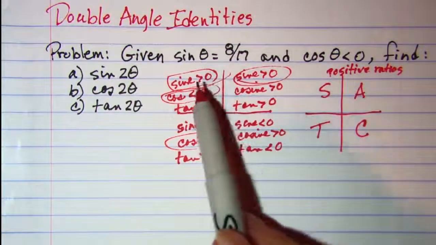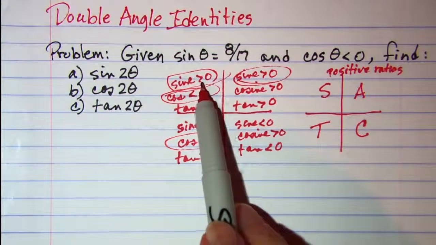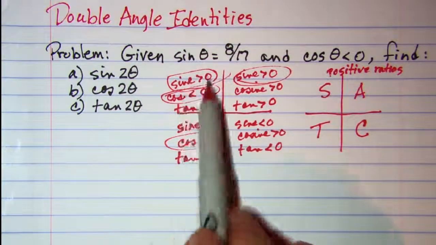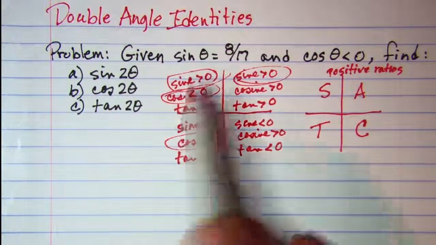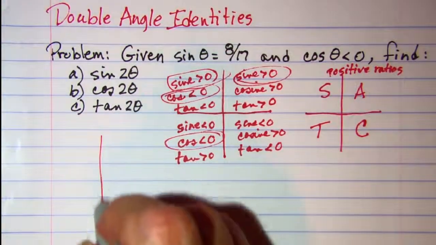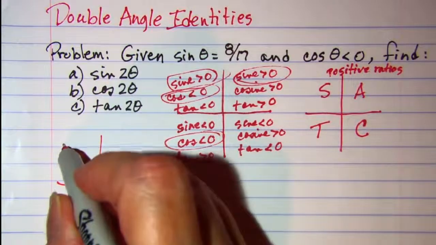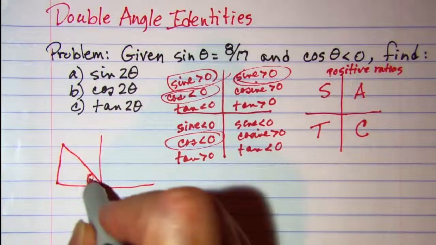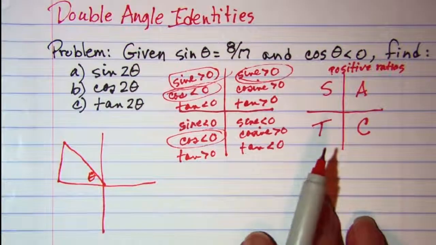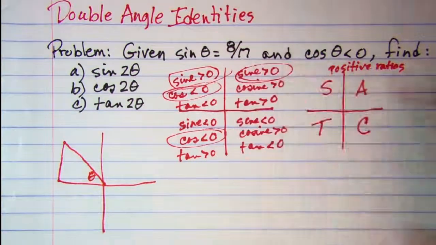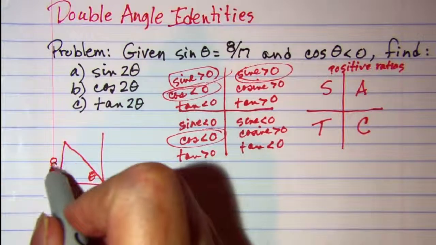So the only one that takes care of both of these given facts would be quadrant 2. So my reference triangle needs to be drawn in quadrant 2. And I know that the sine is opposite over hypotenuse, so this is 8 over 17.